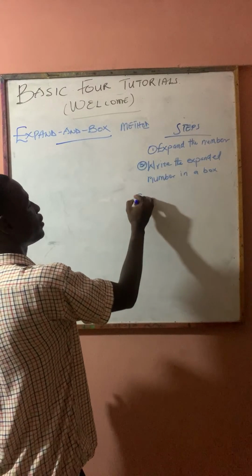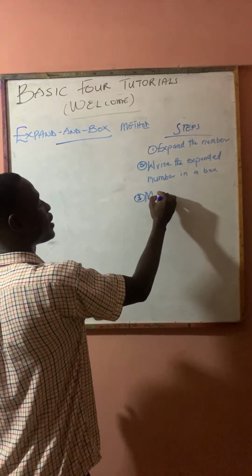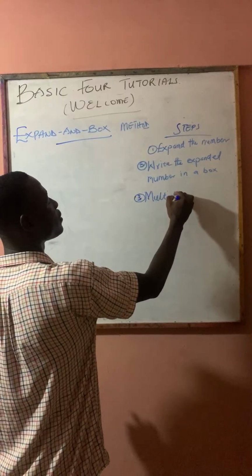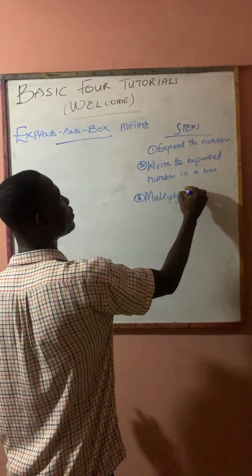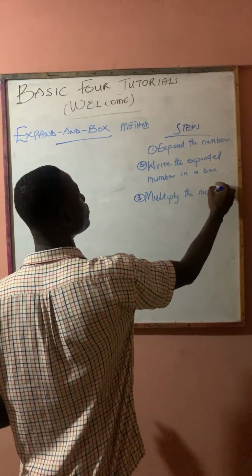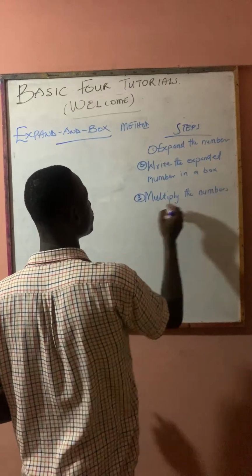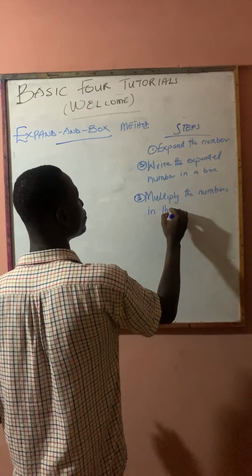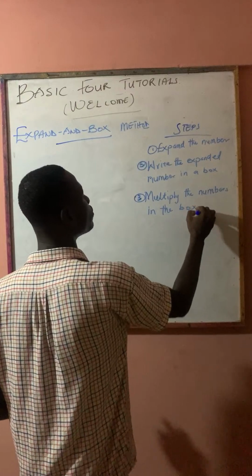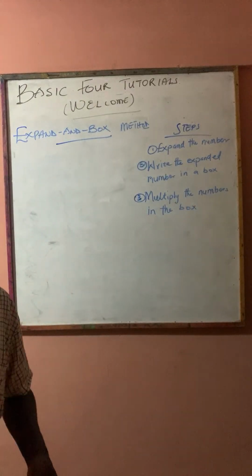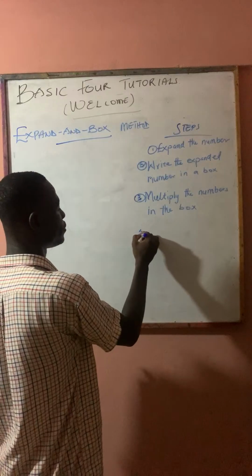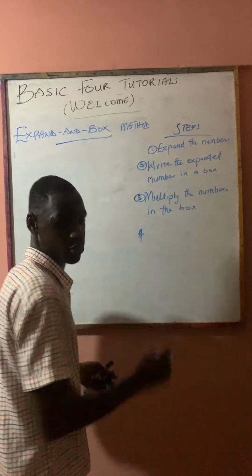Then number 3, we multiply the numbers in the box. So we multiply the numbers in the box, and finally, the 4th step.